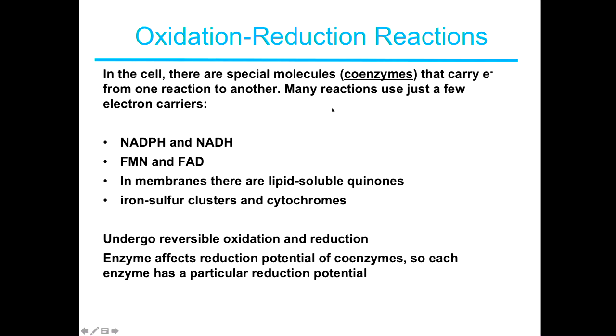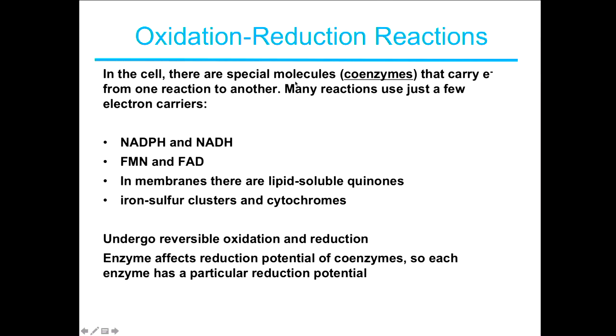Now, in these biochemical pathways and on these enzyme active sites, we don't always have the right side chains or functional groups on our amino acids, our 20 standard amino acids, to do all these different types of oxidation reduction reactions that we see enzymes doing.